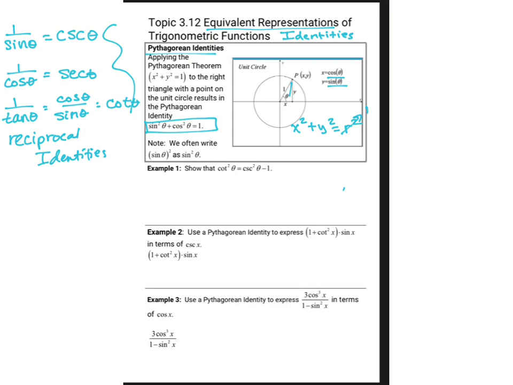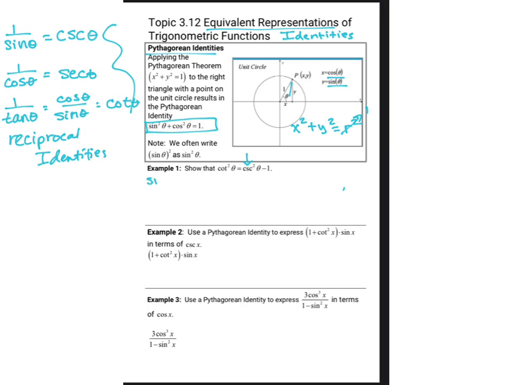We've got 2 other ones that stem from these. Example 1 says, show that cotangent squared theta is equal to cosecant squared theta minus 1. I want to focus in on this cosecant squared. What is cosecant? 1 over sine, right? So here's what we're going to do to prove that.